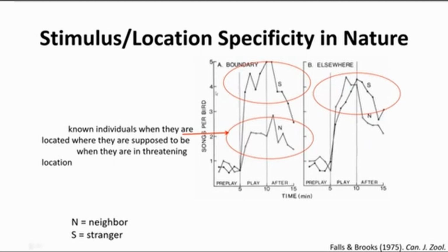If we're looking at the edge of the territory, right on the boundary, they have this difference in responding. For a stranger, the S birds here, they have a lot more responding after they've heard playback of a stranger, which kind of makes sense. There's a new bird who's in the area. He's not yet in your territory, but he's in the area.